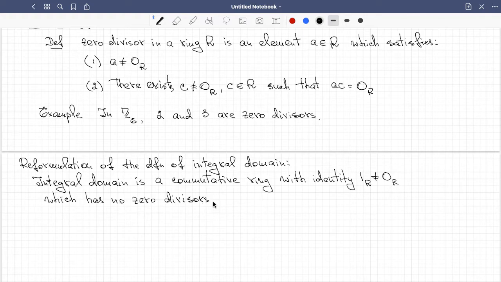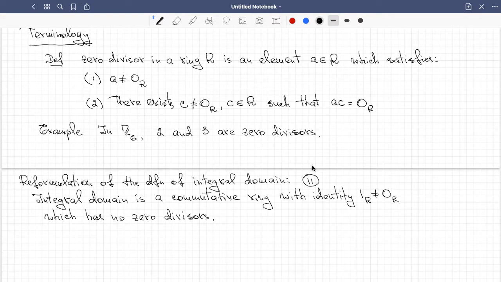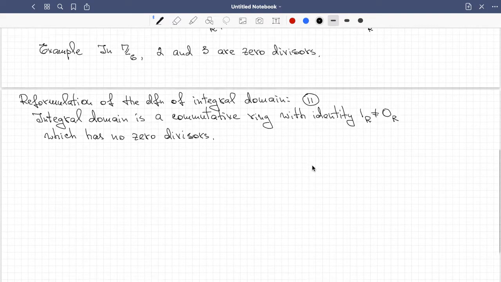The requirement 11 was nothing but a requirement that an integral domain does not have zero divisors. In an integral domain, in the absence of zero divisors, cancellations turn out to be possible.